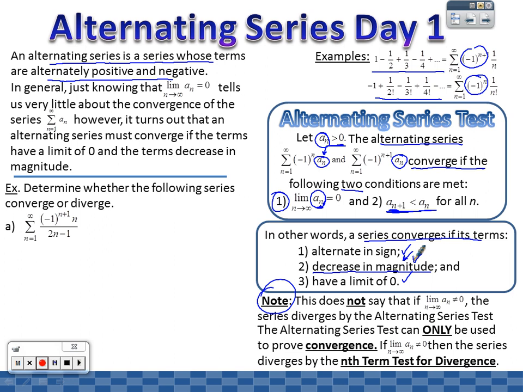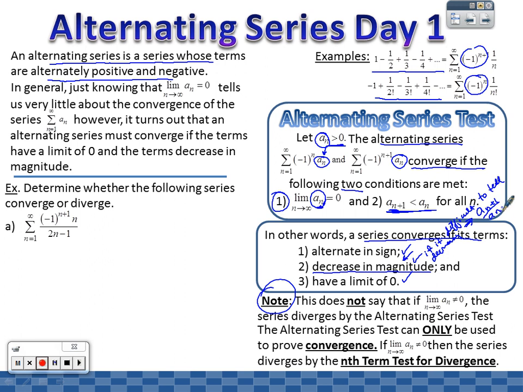What we would do is take the ratio of the next term over the previous term. So if it is difficult to tell that we're decreasing, we want to use this ratio, a sub n plus 1 over a sub n.